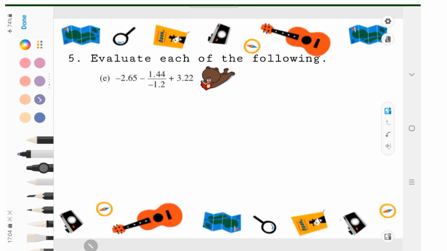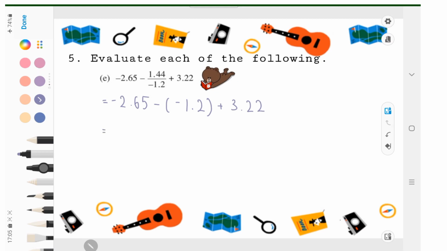Evaluate each of the following. Negative 2.65 minus 1.44 divide negative 1.2 plus 3.22. So we solve 1.44 divide negative 1.2 and it will be negative 1.2. So it is negative 2.65 minus open bracket negative 1.2 close bracket plus 3.22.